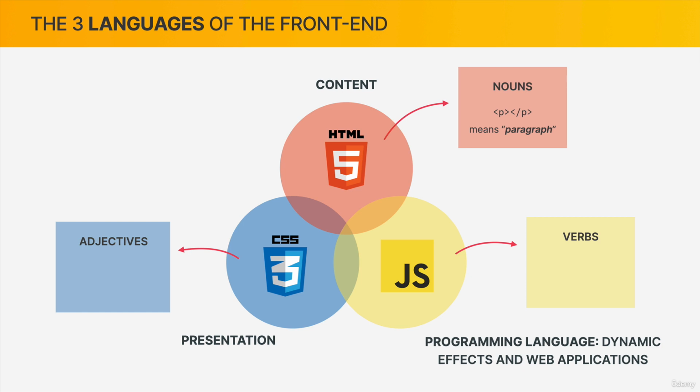For example, like this piece of CSS saying that the paragraph text is red. And so red is the adjective describing the noun. All right? Finally, JavaScript is of course the verb, like saying hide the paragraph. So we're actually doing something here. And so we have a verb. Okay? Does that make sense?